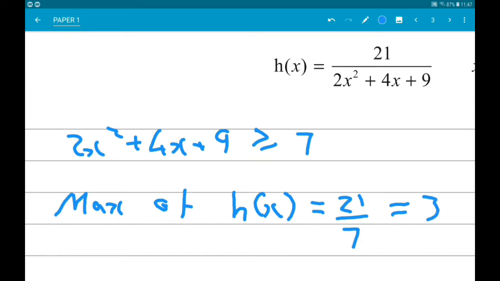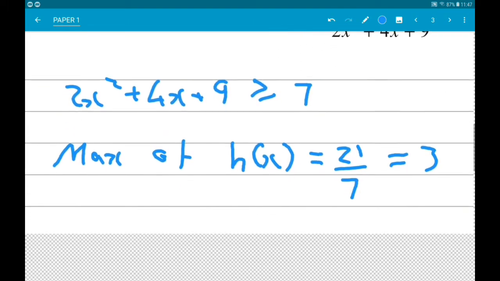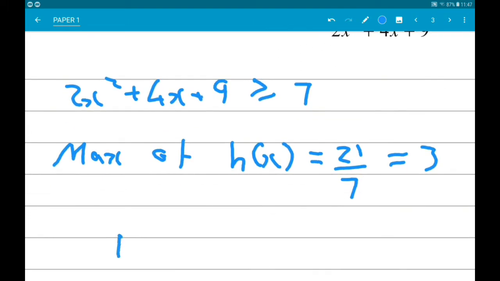So, that tells us then that h of x is always going to be less than or equal to 3. But now, on the other end, we need to be careful. Can it be negative?